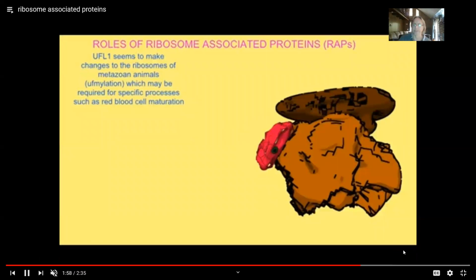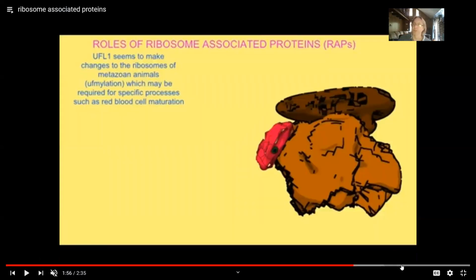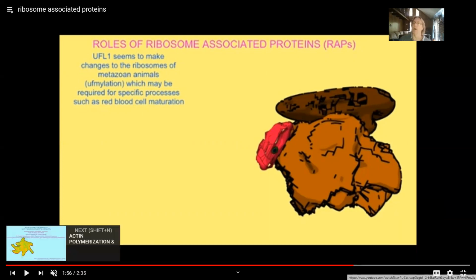There is a specific ribosome-associated protein, which is only known in metazoan animals, which may have a role in their complexity as well.